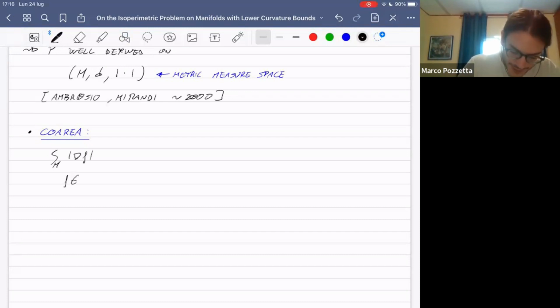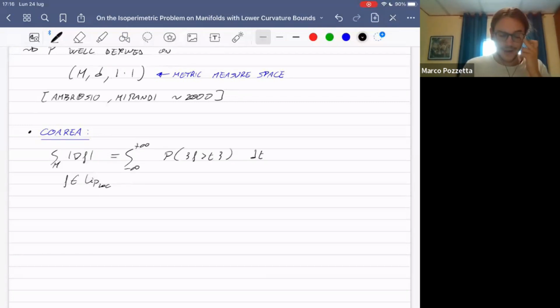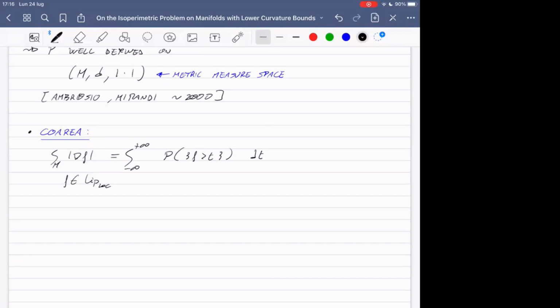Let's say that f is locally Lipschitz, for example, over M. Then the formula tells me that the integral of the modulus of the gradient is the integral from minus infinity to plus infinity of the perimeter of the superlevel set {f > t} dt. Maybe at this moment it is not clear why this is useful, but I will show you an application in a few minutes. So these are all the very basic properties of this functional called the perimeter.